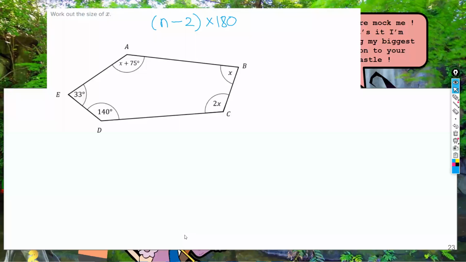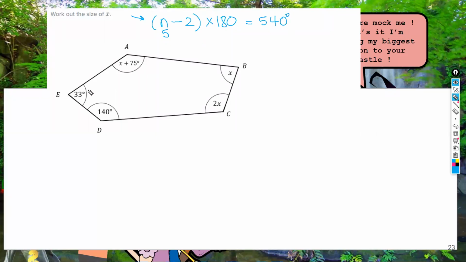So first of all, if we were to add up all the angles, how many degrees are we supposed to get in total when we use this formula? How much are we supposed to get for a pentagon? Right, Mackenzie, correct. Because remember, it's 5 sides, so 5 minus 2 is 3. 3 multiplied by 180 is 540 degrees.